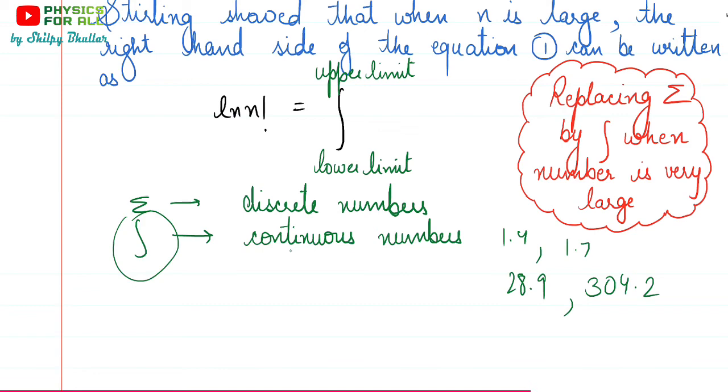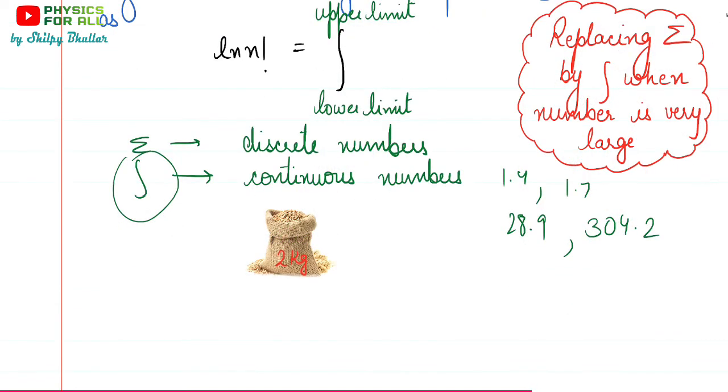Suppose this heap is there and we are not going to count each and every grain out of it. We can simply say that this particular sack is a 2 kg sack. So how many grains can come inside? In that case, all we need to do is take the integration instead of summation.